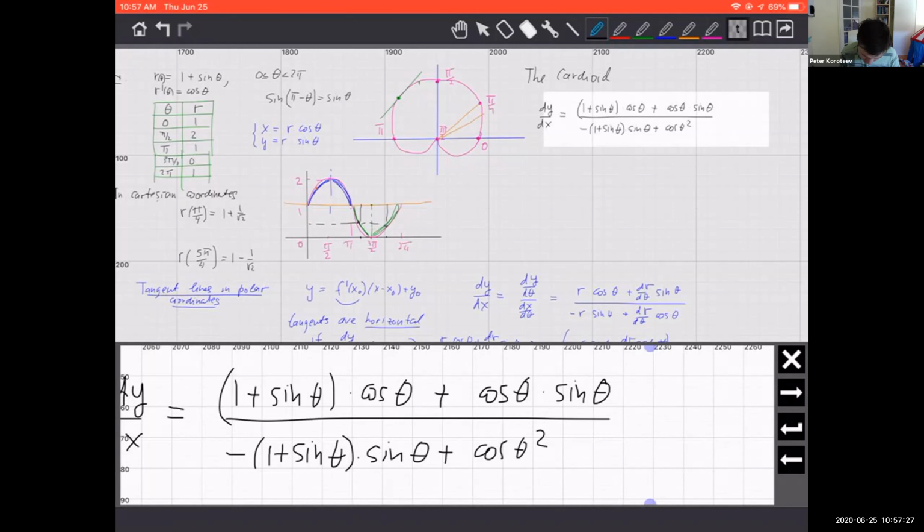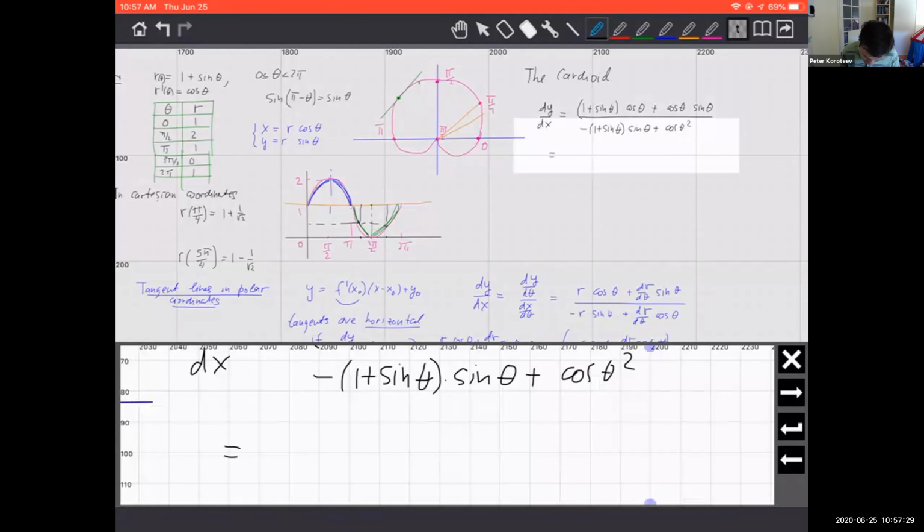It doesn't give us any particularly beautiful formula, so we want to factor it to make it easier to find zeros. Let's take cosine theta out of the numerator, and you get cosine theta times 1 plus 2 sine theta.